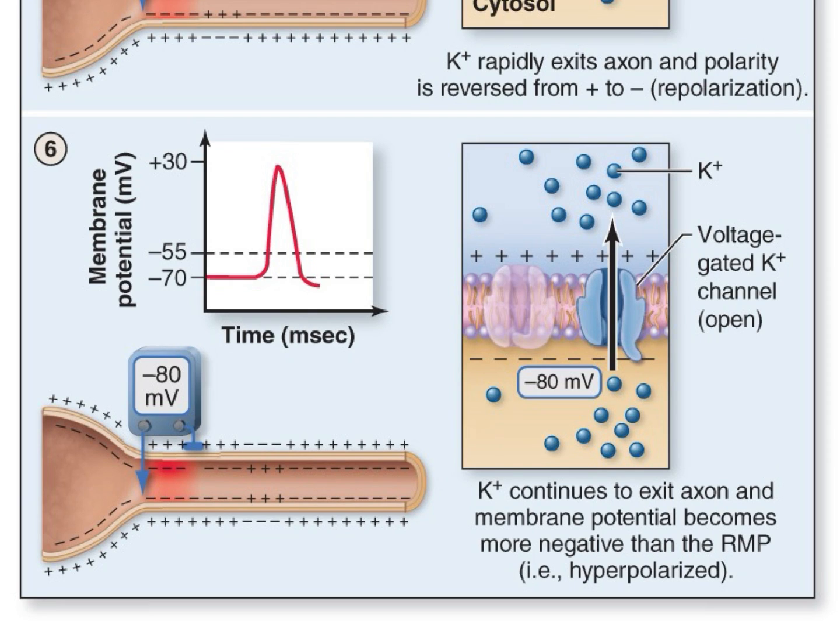What do you notice about this graph right here? Nate. It goes past resting membrane potential. Okay? Once it goes past resting membrane potential, past minus 70, that's now a hyperpolarized membrane potential.